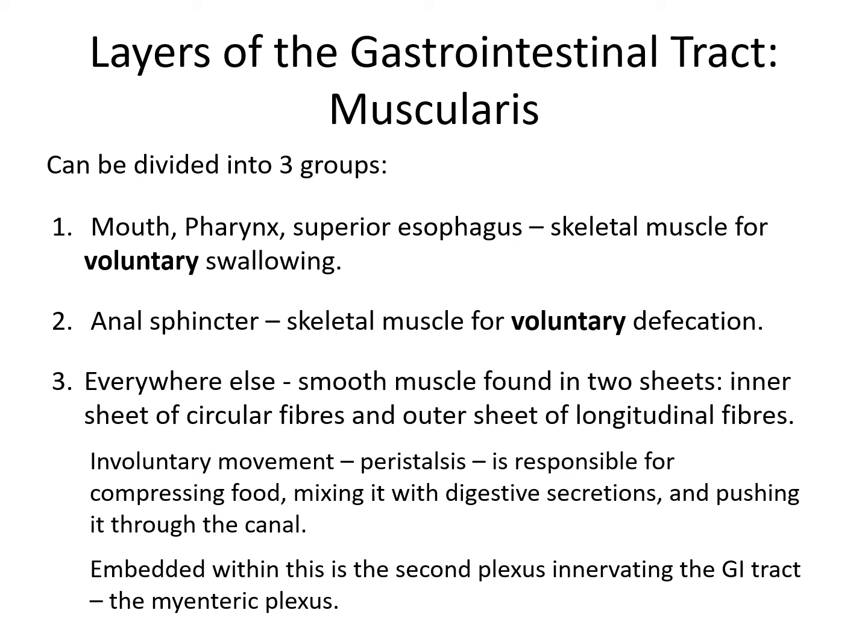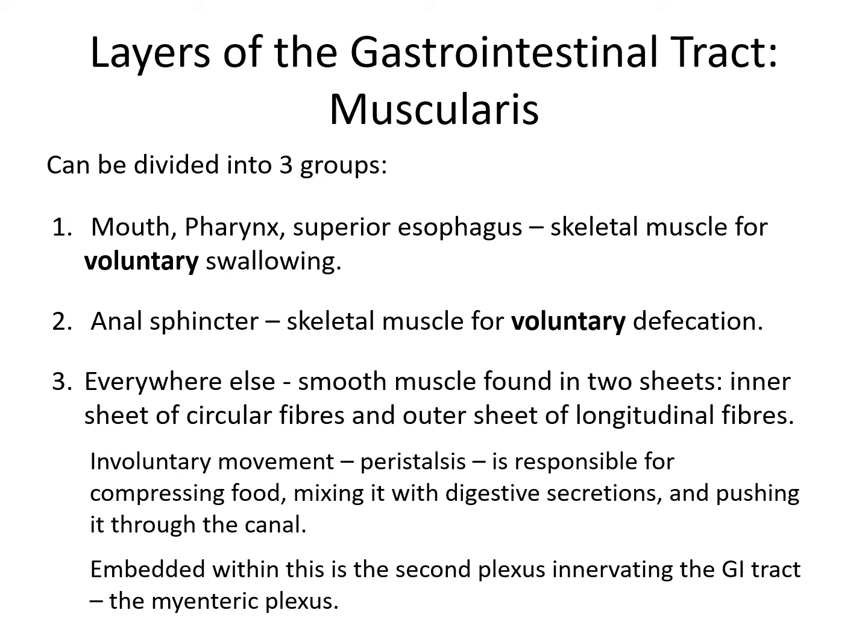But you can control what's happening at the ends of your digestive tube. You can control what's happening in your mouth and in your throat and the upper portion of the esophagus. You can control, at least to some extent, when material is going to leave your digestive system. So you have control at the anus as well. But again, everything in between, you don't have control over.